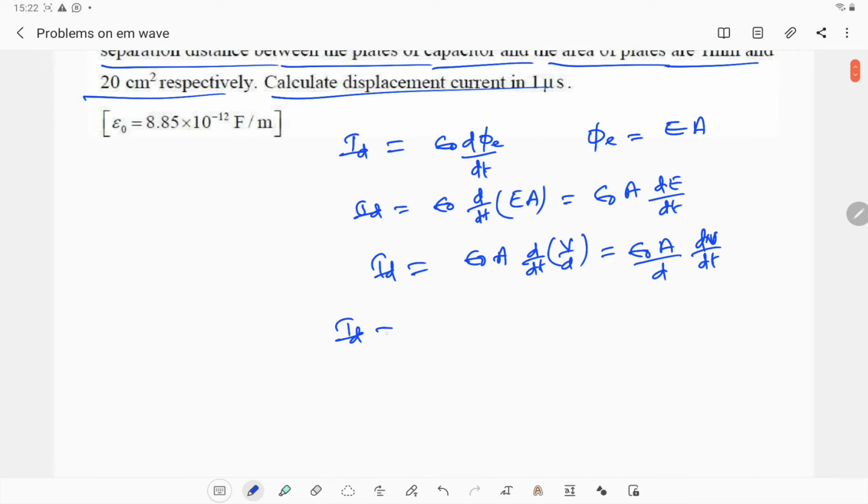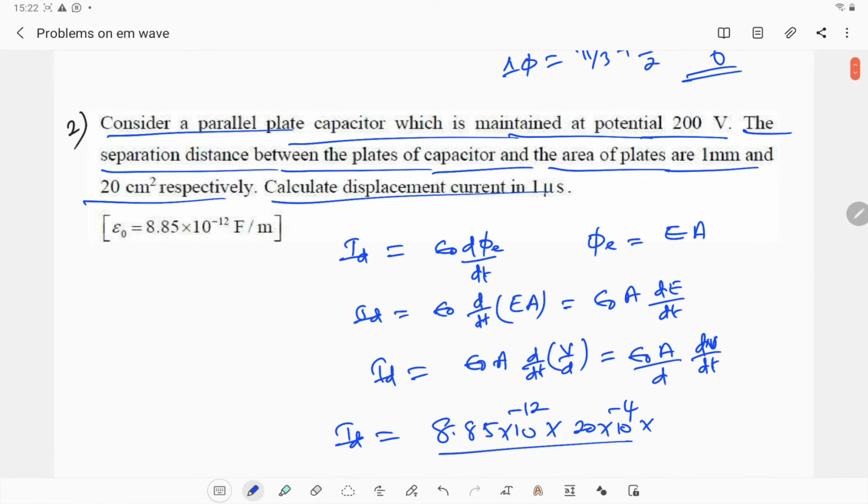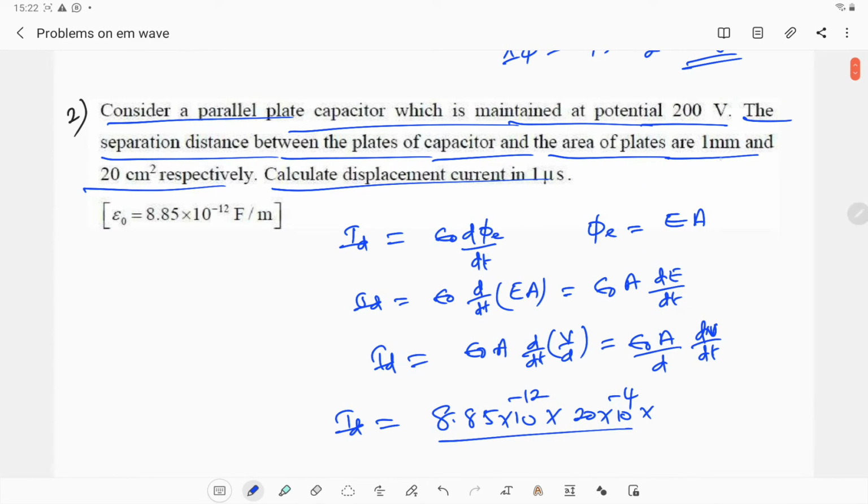Therefore, I_D is equal to epsilon naught, 8.85 into 10 to the power of minus 12, and the area is 20 centimeter square, 20 into 10 to the power of minus 4 meter square, and the separation between the plates is 1 millimeter.